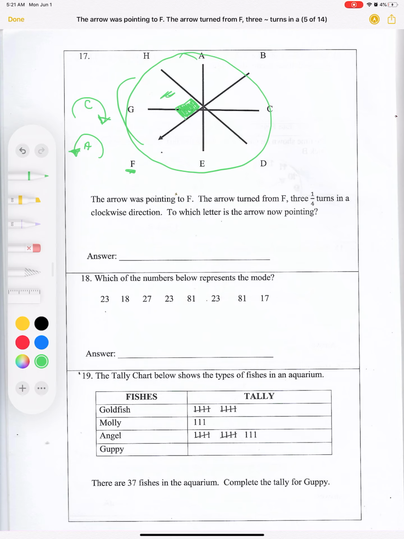Right, the first quarter, the second quarter, the third quarter. Now I've given away the answer there. Wait a minute. F. That was not right. Let me do that again. The first quarter, the second quarter, the third quarter in a clockwise direction. So we end up at D.